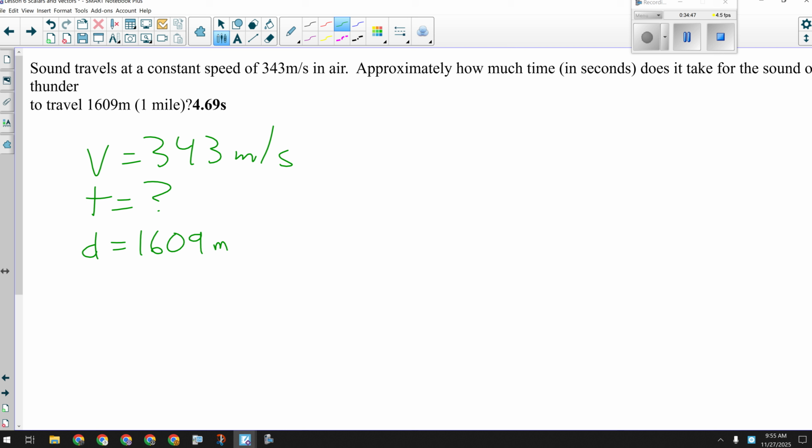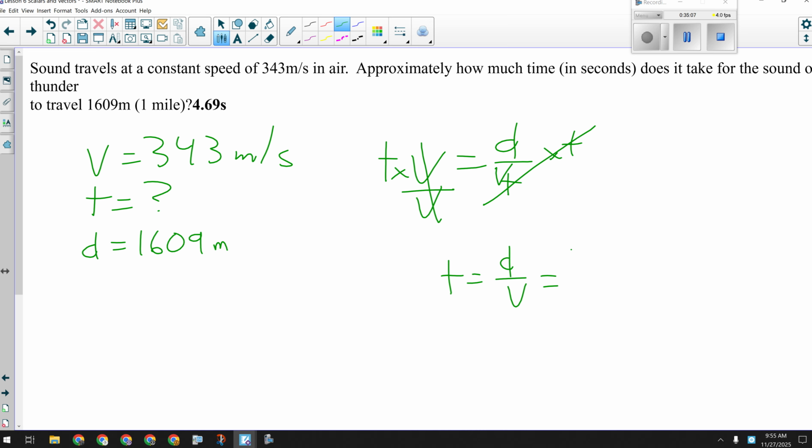All right, so I'm going to use V equals D over T, and I'm going to solve for T. So I'm going to move T over to this side by multiplying both sides by it, and then I'm going to divide both sides by V. That'll leave me with T equals D over V, 1,609 meters, okay, divided by 343.